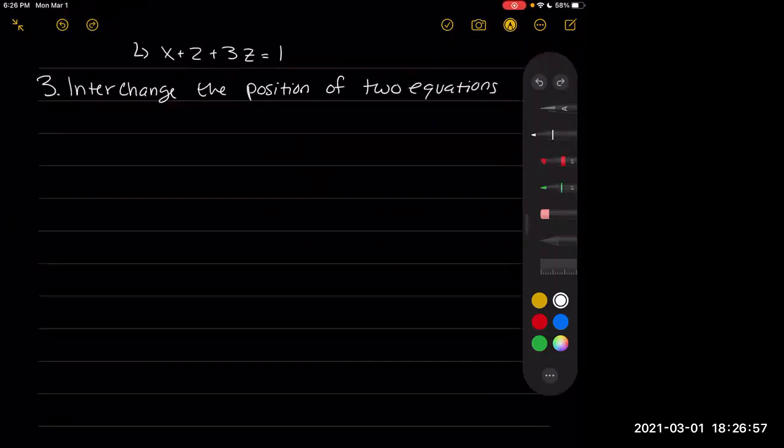Okay, so to really show off what these operations do, we're going to solve a linear system.